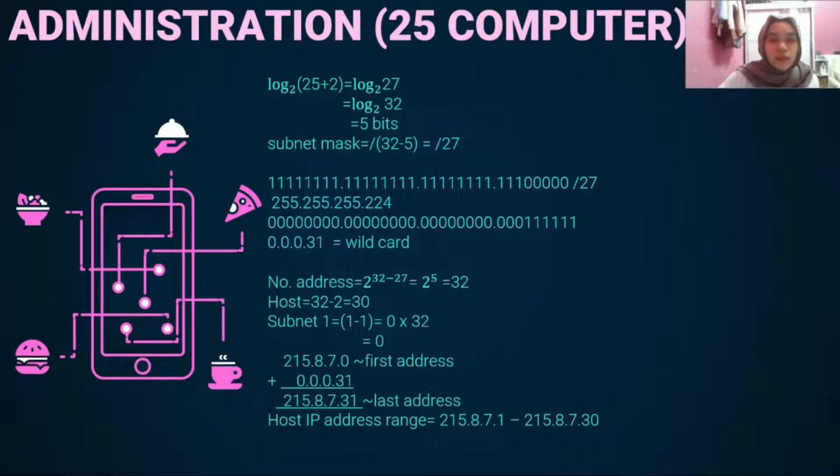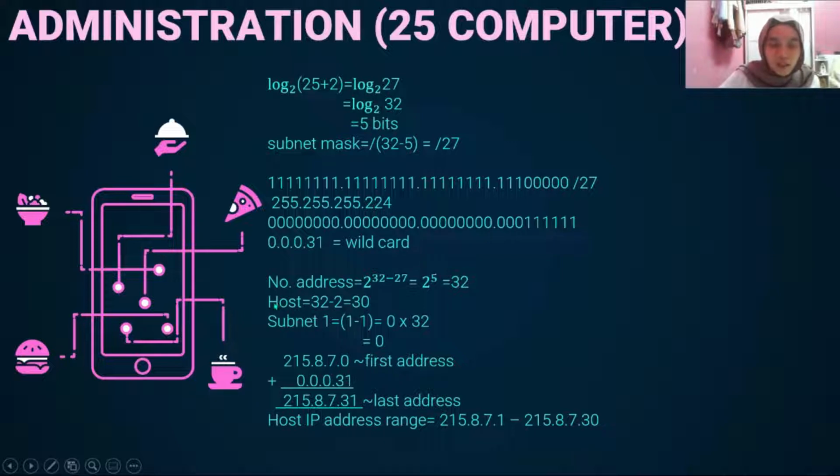Next, you find the number of addresses that are available, using the formula 2 power of 32 minus 27. We will get 2 power of 5, and that is how you get 32. So 32 is the number of addresses that are available.